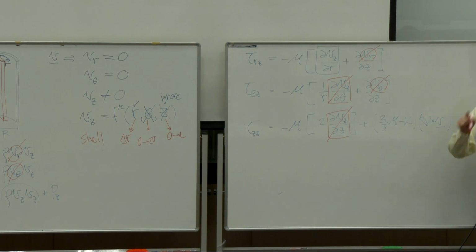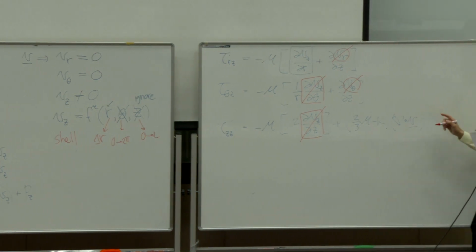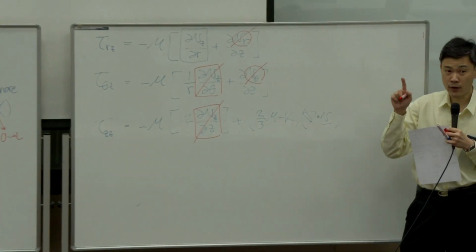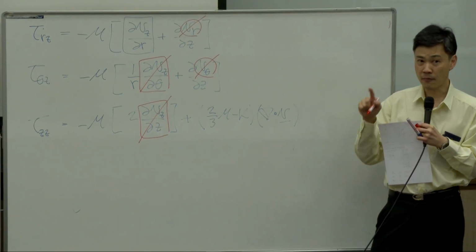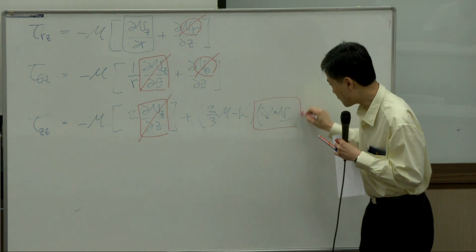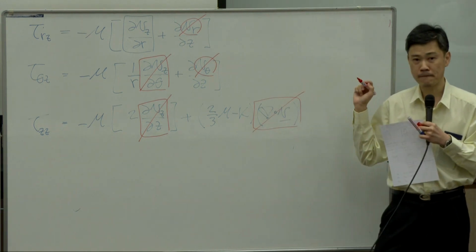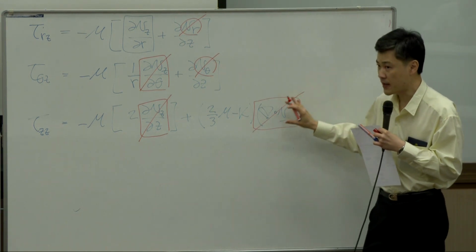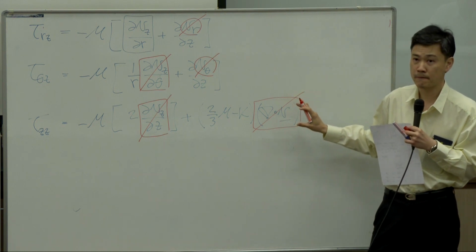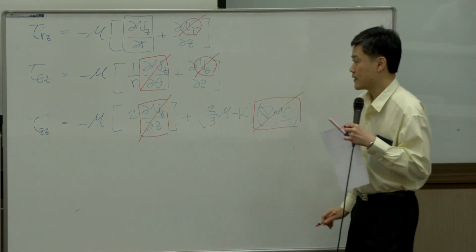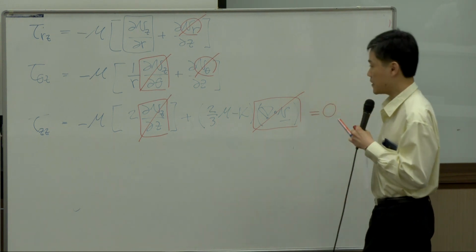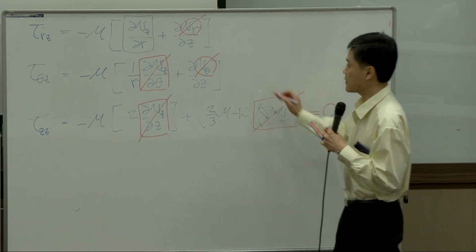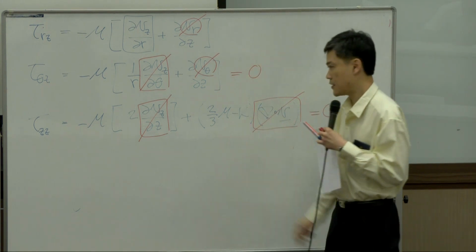Okay? And again, I said, whenever you work with liquid, you can assume it to be an incompressible fluid. For incompressible fluid, this term will be 0. We will confirm this in chapter 3. So that means tau z is 0. Tau zeta z is 0.